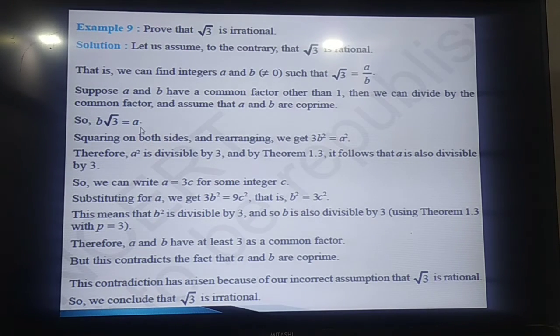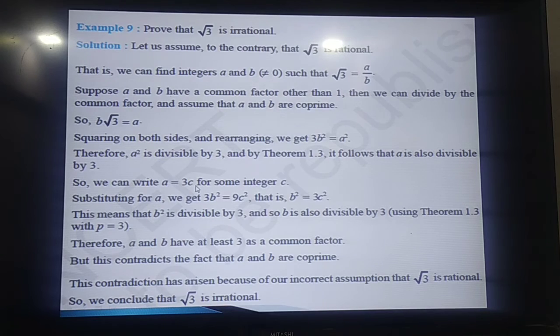Then again we do cross multiplication, then it becomes a equal to b into root 3. After squaring it becomes a square equal to 3b square, it means that a square is divisible by 3, or a is divisible by 3, means a has at least one factor 3. So it means that a is a multiple of 3, means a equal to 3c.